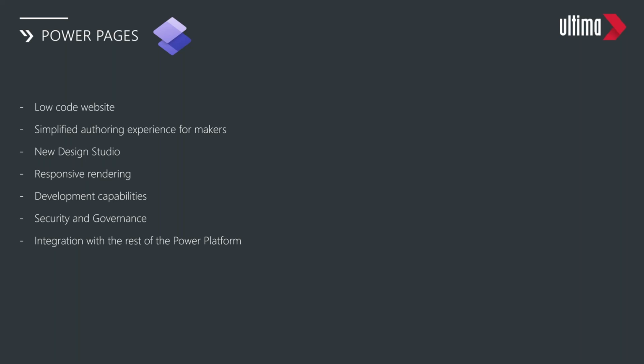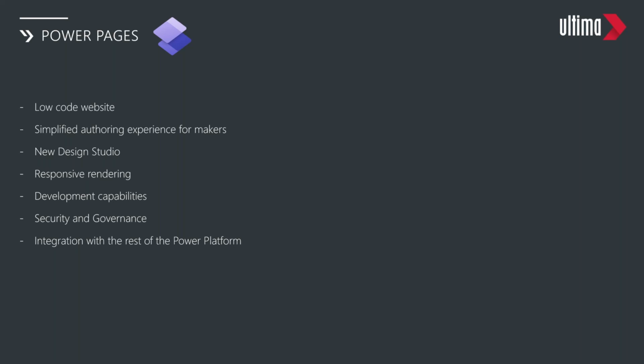So to highlight it, what do you have if you would use the product Power Pages? You would have the capability to create low-code websites, which means you can create a website by using a simple authoring experience within a new design studio. That design studio wasn't available in the Power Apps portal module.